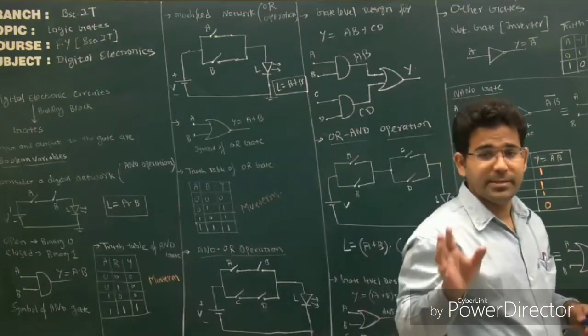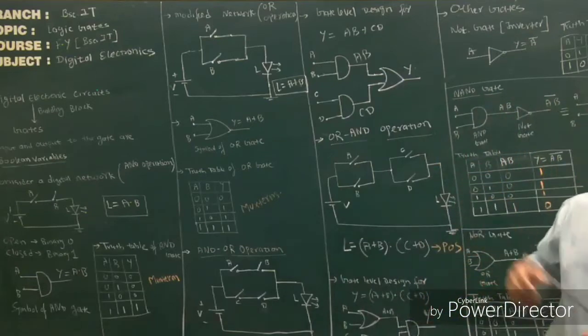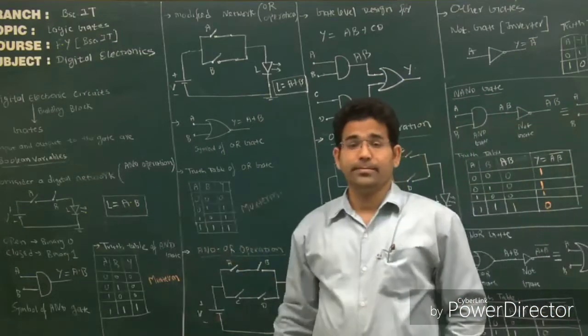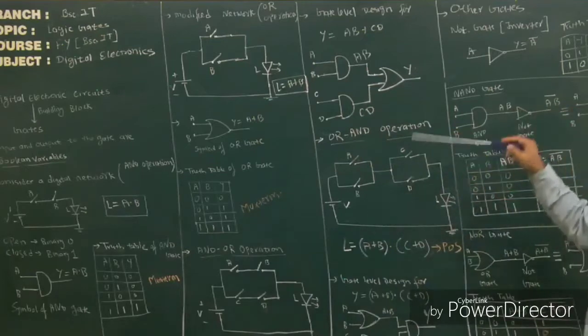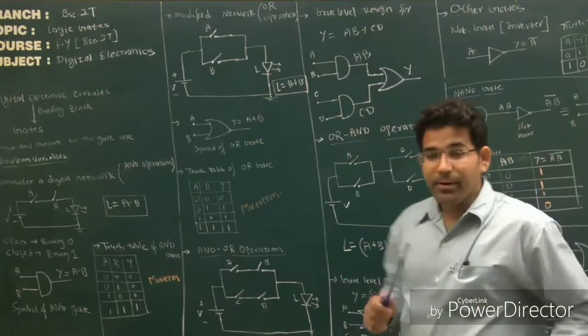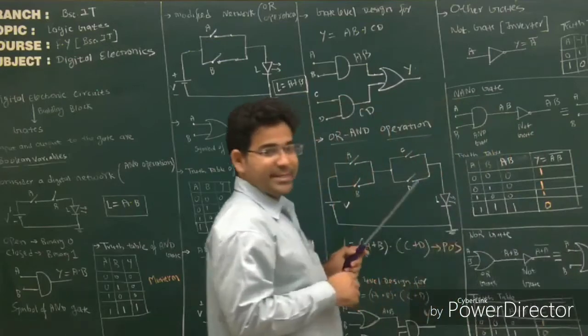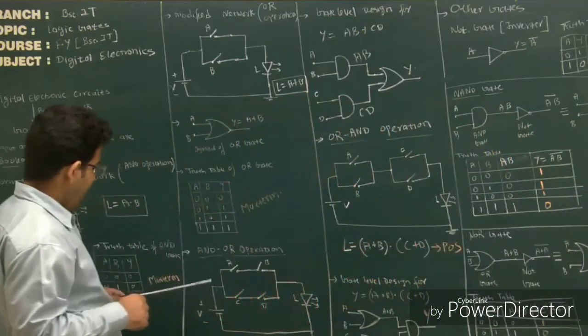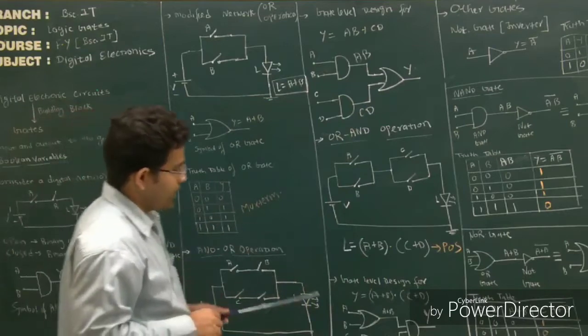This is how you realize the digital expression, or what we call a Boolean expression, for a digital network using gate circuits. Now, these are two basic gates. One is the AND gate, the other one is the OR gate.